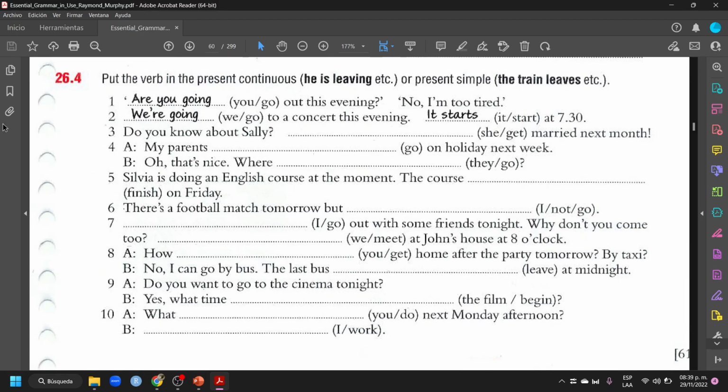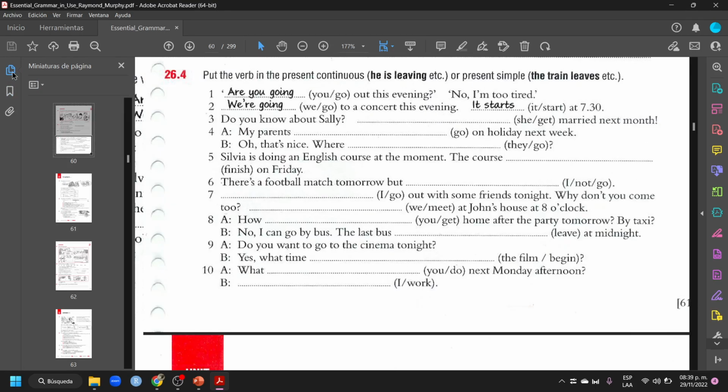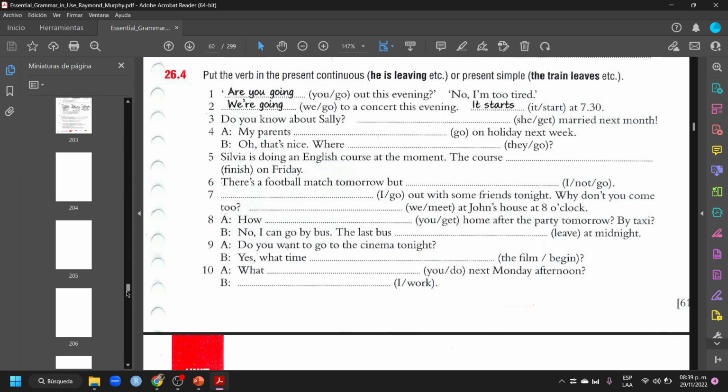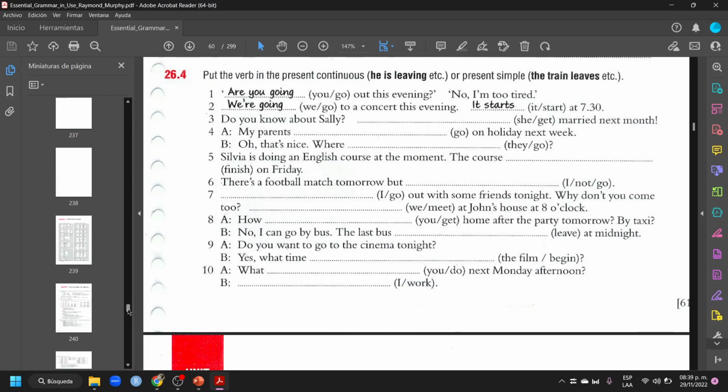Okay, so we are going to check the next one. Give me a second, I'm going to share my other screen again. If I ask you what's the difference between present simple, present continuous, and going to, can you tell me the difference?